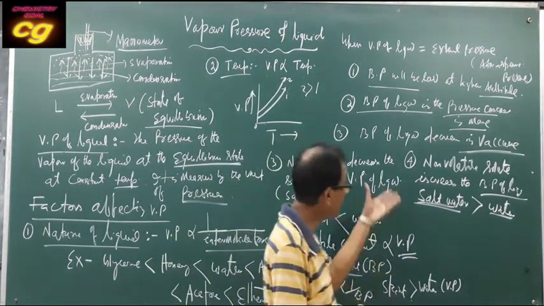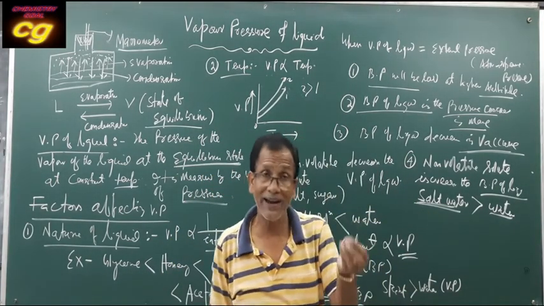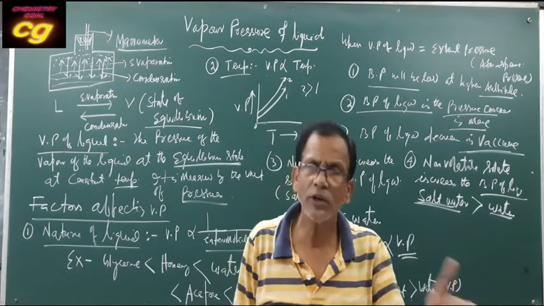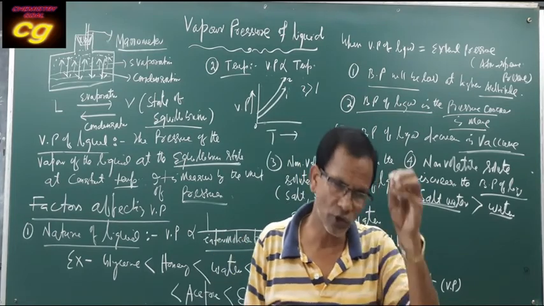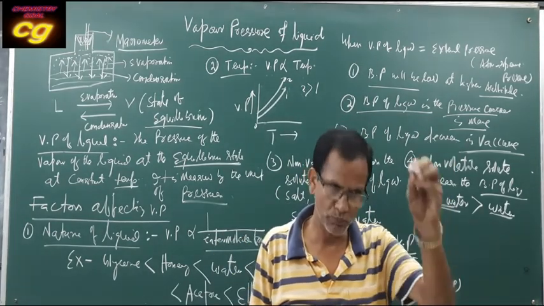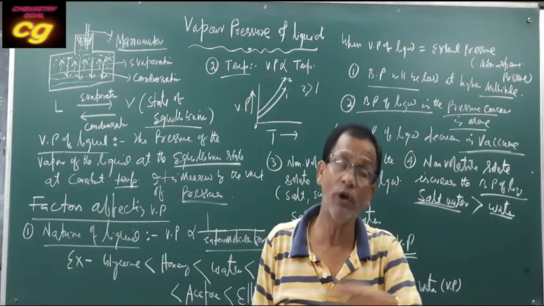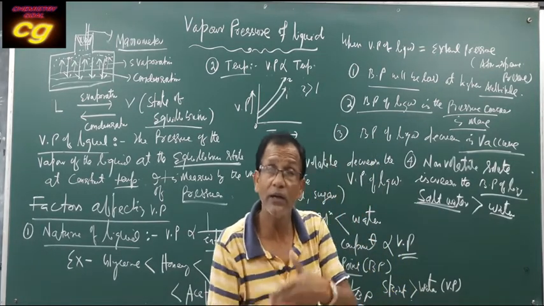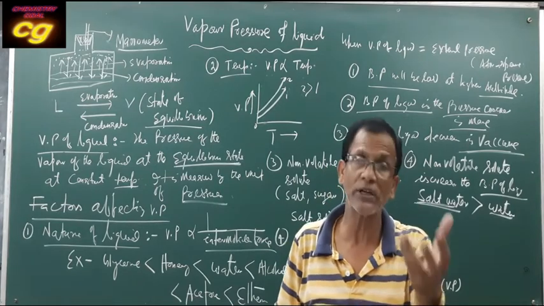But why are you adding salt during boiling of an egg? That is not for taste. We add salt to the water during boiling of an egg. Why? Because when you add salt to water, the boiling point of water increases, so the temperature of the water will be more.